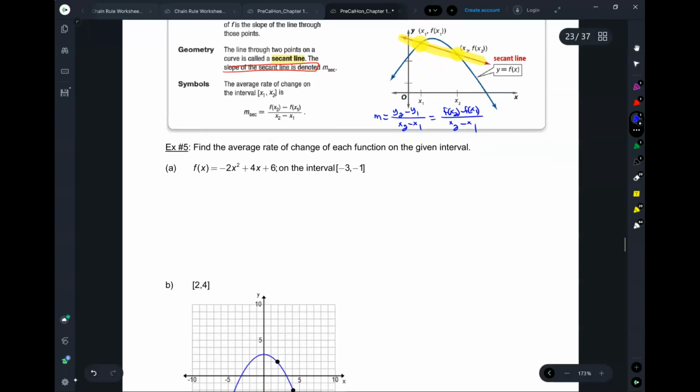So, you have an interval, -3 to -1. You want to find the average rate of change of this function on that interval. So, this is x1, this is x2. So the slope of the secant line is f of x2 minus f of x1 over x2 minus x1.